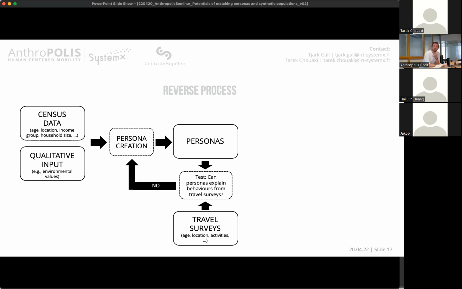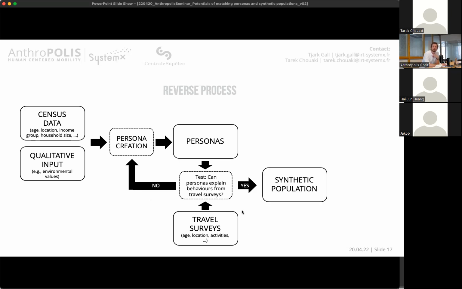And if it is not the case, then we can go back to the persona creation and try to improve it up to the point where we are able to represent not necessarily a majority, but a large chunk of the varying travel behaviors.